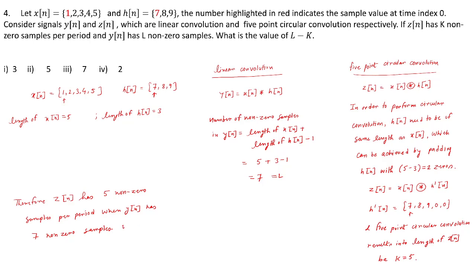So we get L minus k is equal to 7 minus 5 is equal to 2, the fourth one here.